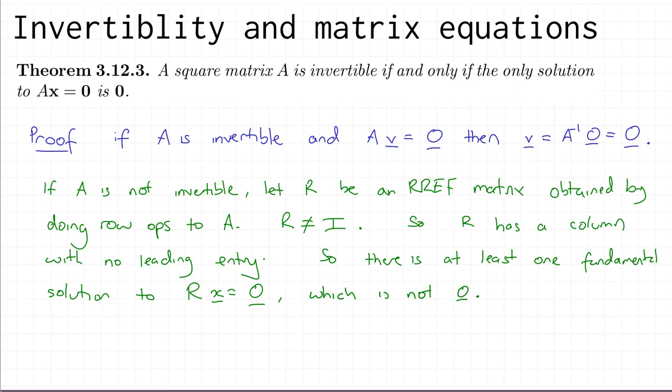But the solutions to Rx equals 0 are the same as the solutions to Ax equals 0, because when you do row operations, you don't change the solutions of your matrix equations.